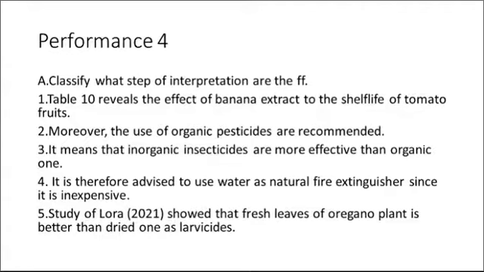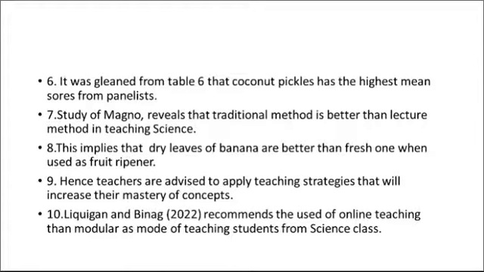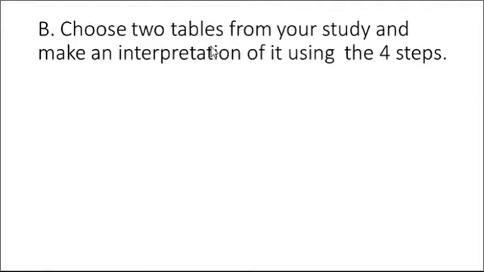Now for your performance number 4, we have here letter A, classify what step of interpretations are the following. So you will just give kung anong step. Step 1 ba siya? 2, 3, 4 ang mga sumusunod. Okay? So there are how many? There are 10. And for performance B, choose 2 tables from your study and make an interpretation of it using the 4 steps.